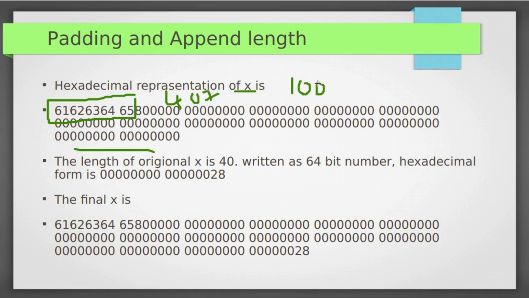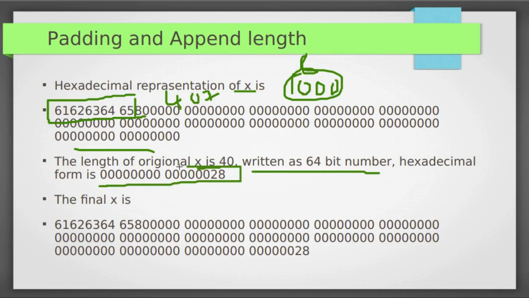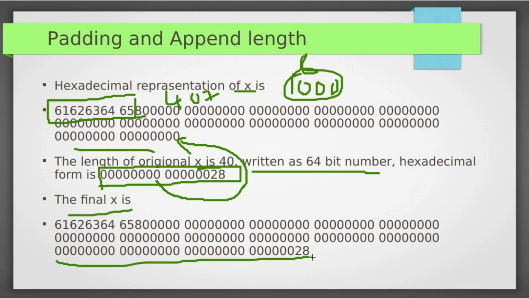That one, this can be written as 8, this 8 and then third step, the length of the original message X is 40 written as 64-bit number, then it will be this value. Then we need to append this third step value to previous result. Then the final X is this one.